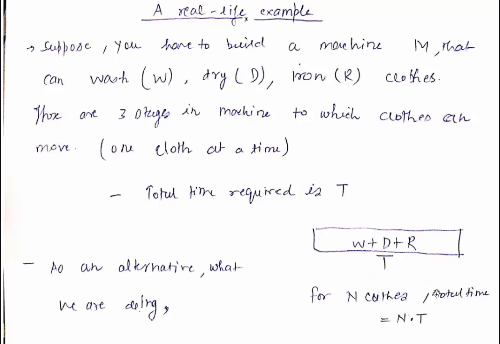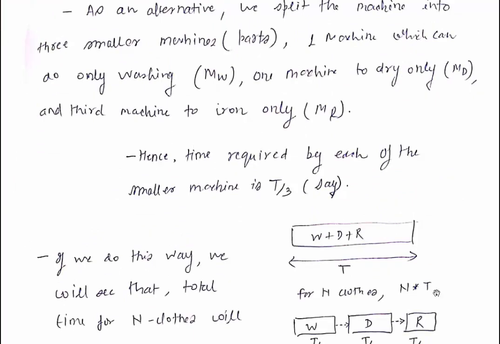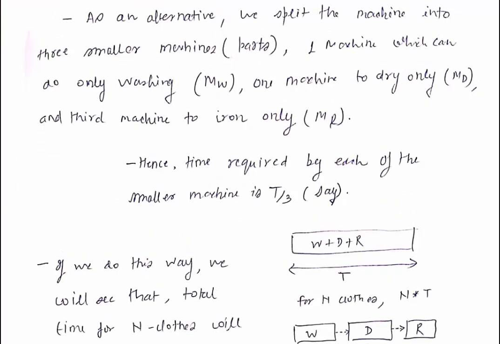Now as an alternative, we split the machine into three smaller units or sub machines. One machine can perform only washing, one only drying, and the last only ironing onto the cloths.